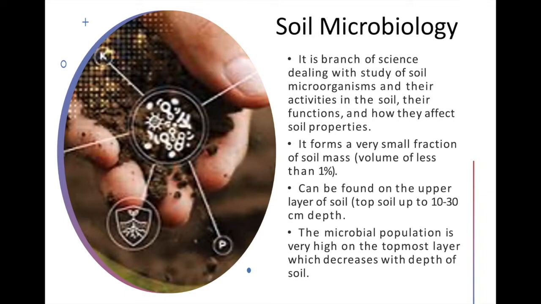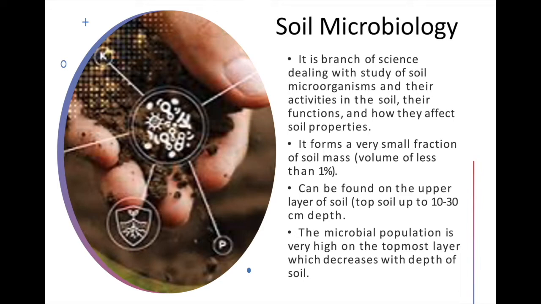I've mentioned earlier that these healthy soils contain microbiomes so that they can cycle nutrients. So that is one importance of the soil microorganisms. Another, it forms a very small fraction of soil mass.